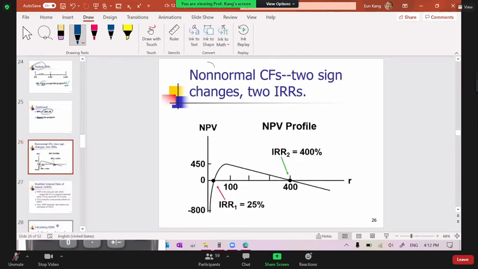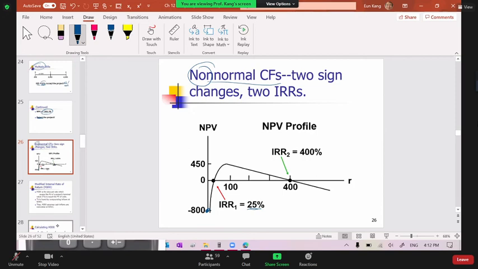That is what we call non-normal cash flows. When the discount rate is 0, it should be minus 800. And then there is one IRR here, 25%.